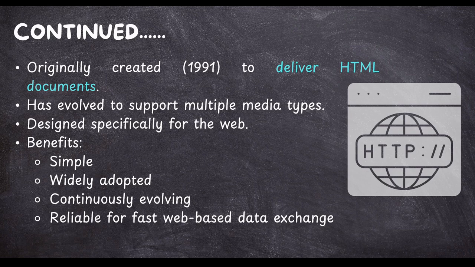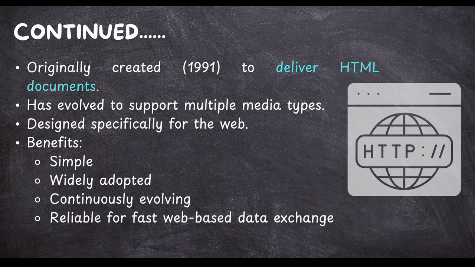If you Google for some retro website, you will get to know why it was only developed to deliver HTML documents, because at that time websites weren't as fancy as they are now. Currently websites have multiple things, 3D elements, renditions, different things, but back in the day it was just basic plain HTML documents. So it was developed to deliver those HTML documents.